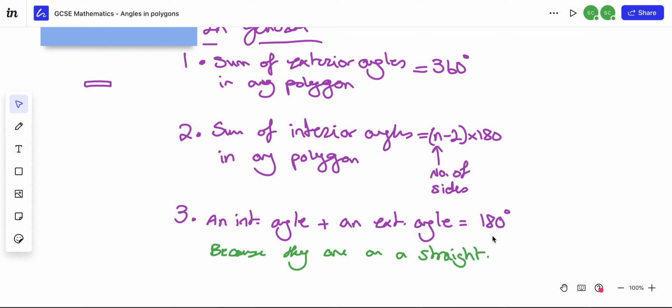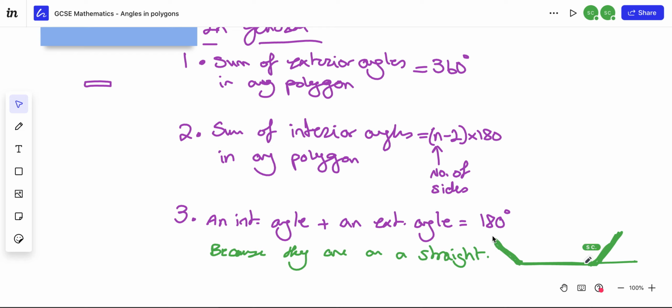So for example, if I had a polygon, let's make it look more defined. Okay, that's better.